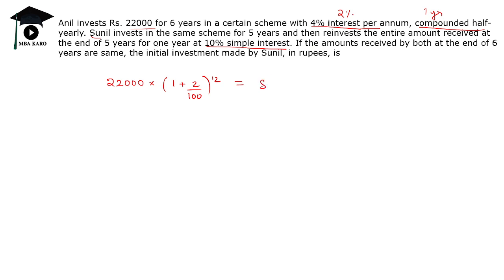So suppose Sunil invests S rupees. So 1 plus 2 by 100 raised to the power 10, because his time is 5 years. So that means there are 10 half years. Okay, 10, and then he invests that amount at 10% simple interest. So it becomes 1.1 times, because 10% interest means the amount becomes 1.1 times of this further.